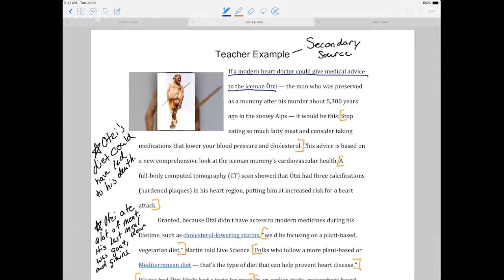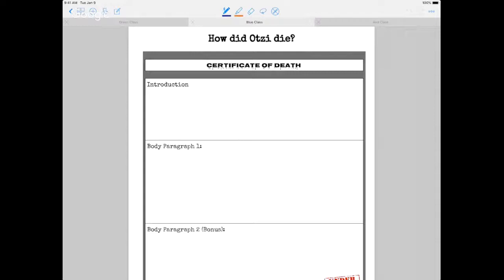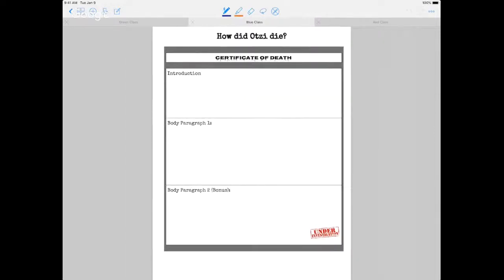So you guys then read articles based on your top 3 choices. And then you created a death certificate for Utsi. All right. You had to write an introduction.